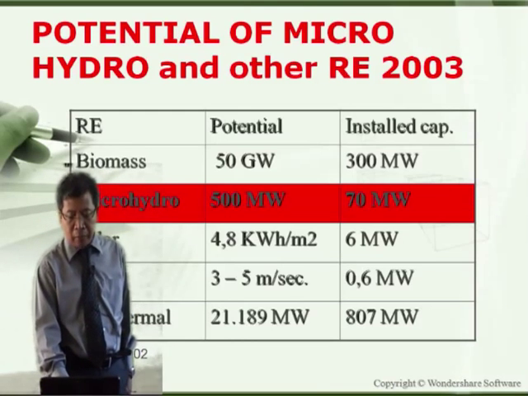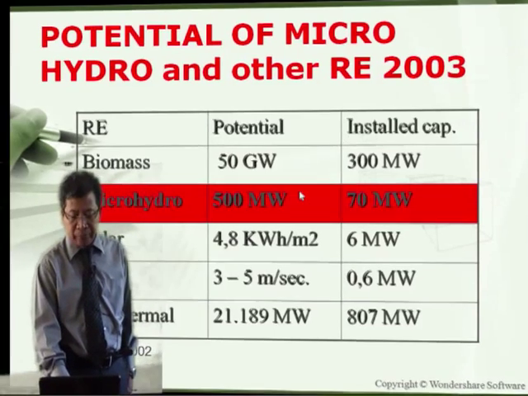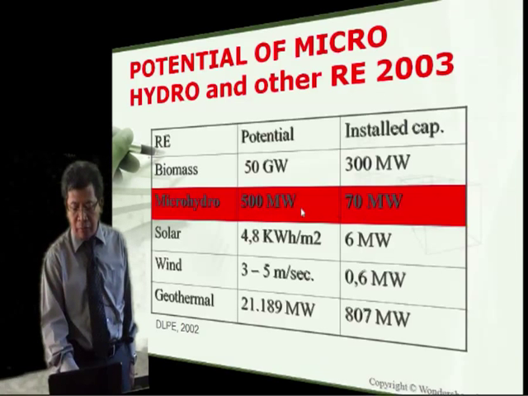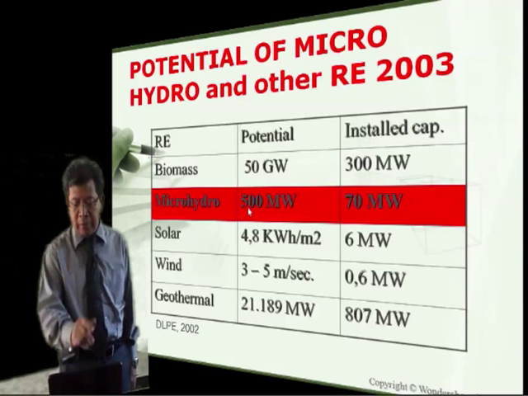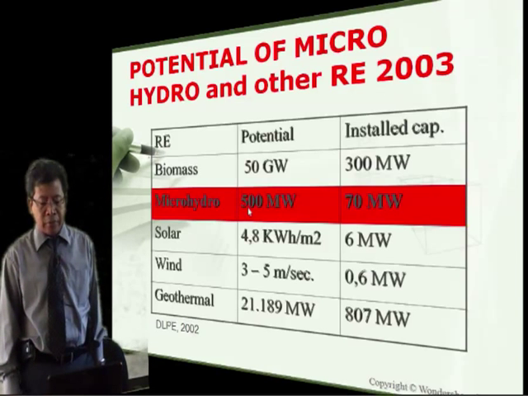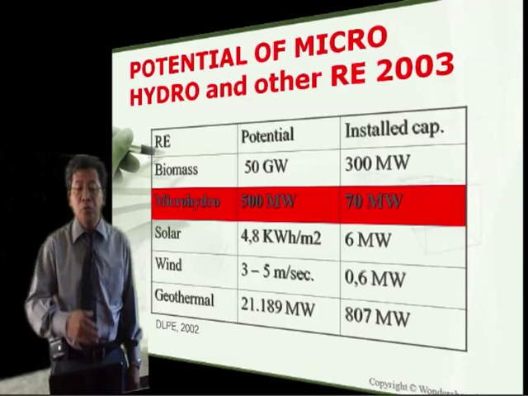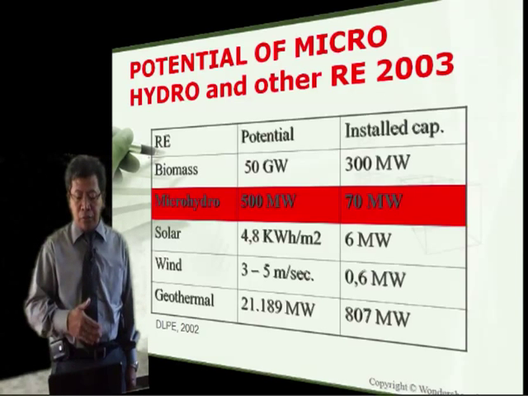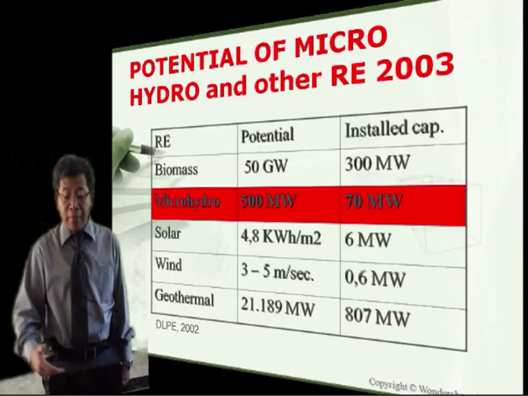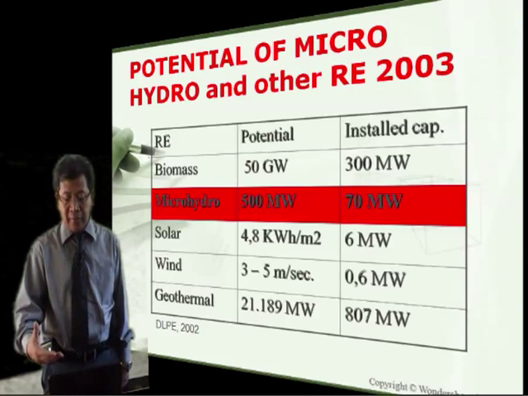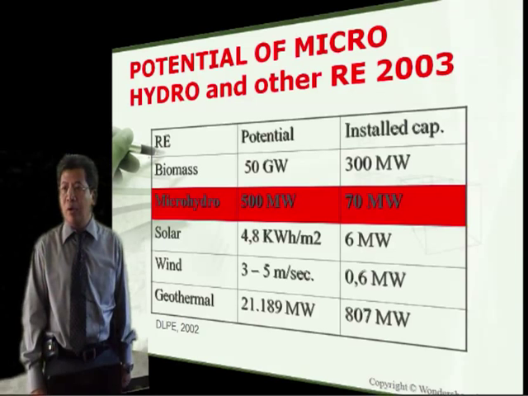The potential of microhydro in 2003 is 500 megawatt and installed capacity is 70 megawatt. So due to that kind of microhydro, you have already, now it's 430 megawatt. But actually, if you try to find other potential, you can find more than 500 megawatt.